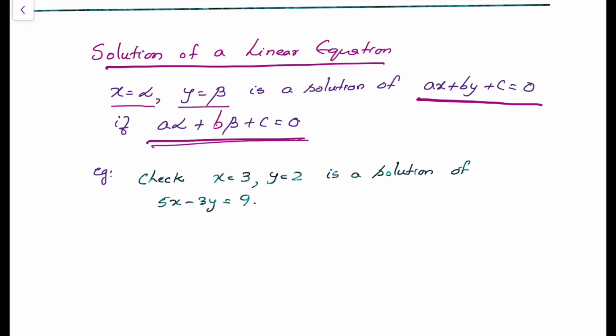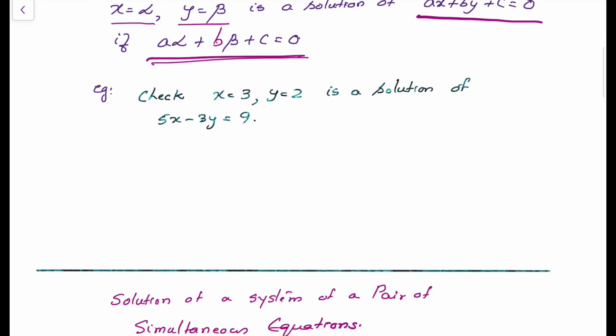So we will do it with an example. So the equation of a line is given as 5x minus 3y equal to 9. We have to check whether x is equal to 3 and y equal to 2 is a solution. So we have to simply substitute. LHS is equal to 5 into 3 minus 3 into y is 2. So 5 into 3 15 minus 6 equal to 9 equal to RHS.